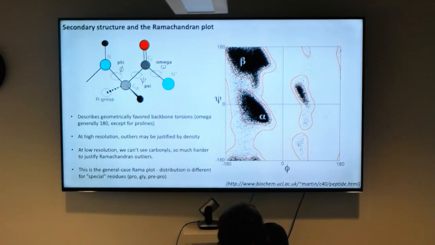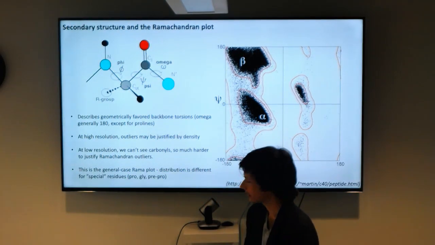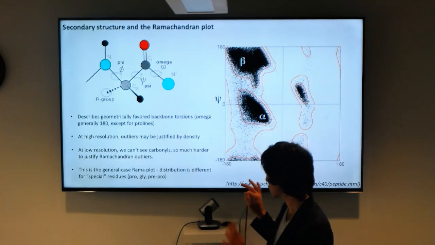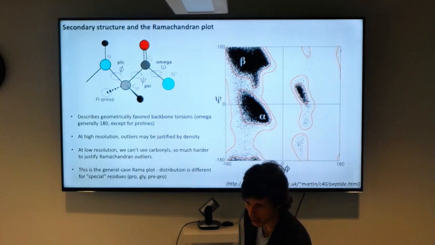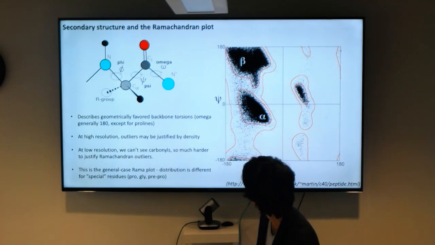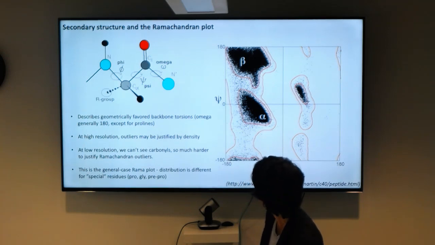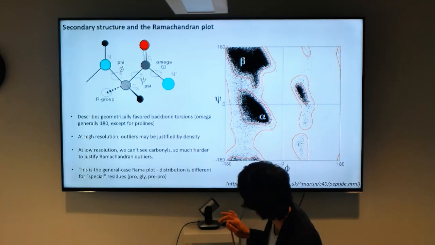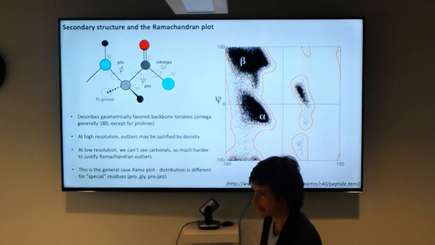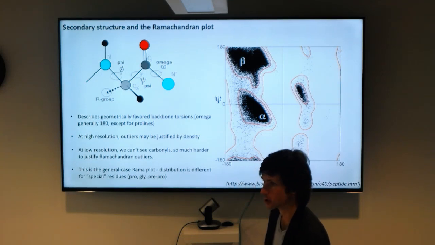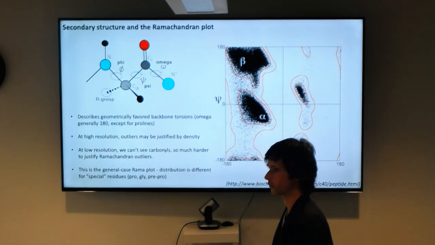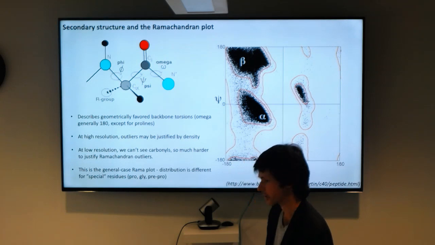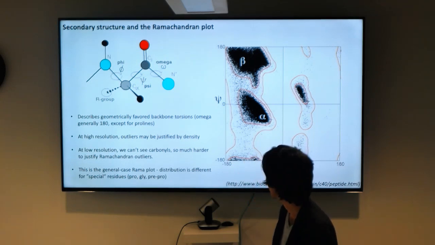All right. So I don't really need to go over this too much. This is just a general introduction to the Ramachandran plot, which I'm assuming you're all familiar with. Basically it describes the backbone angles, backbone dihedrals, that are allowable based on protein geometry, so which ones don't cause your adjacent residues to clash in a non-physical manner.